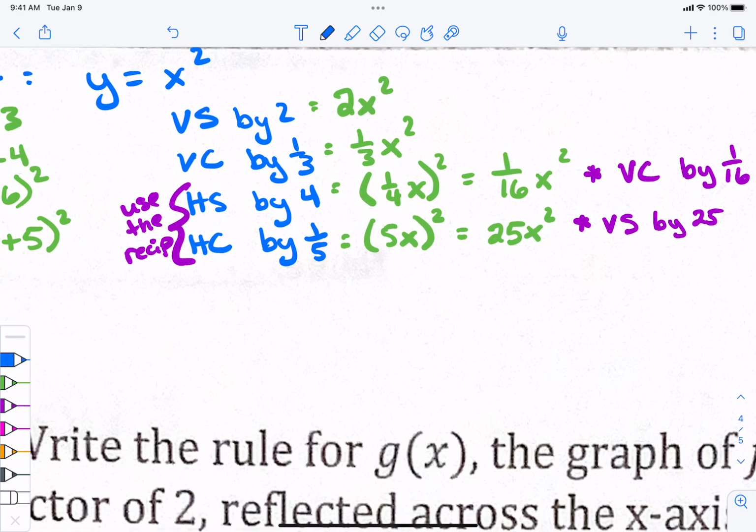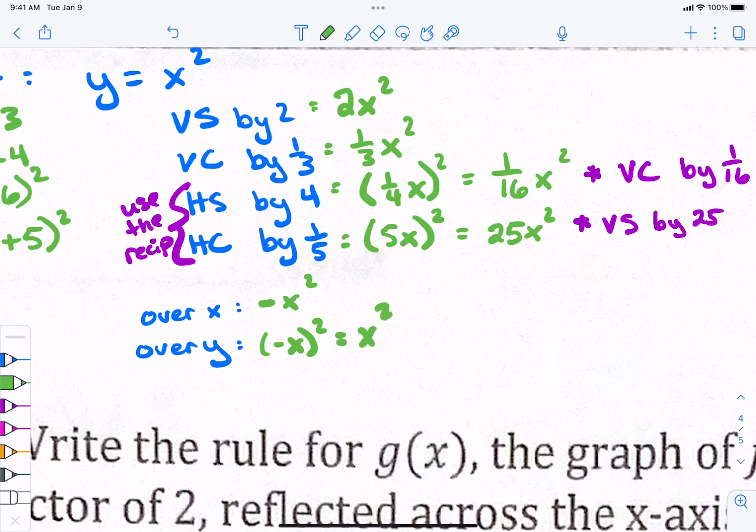Okay, last two, over x and over y. Over x is negative x squared. Over y is negative x parentheses squared, which technically is just x squared, right?